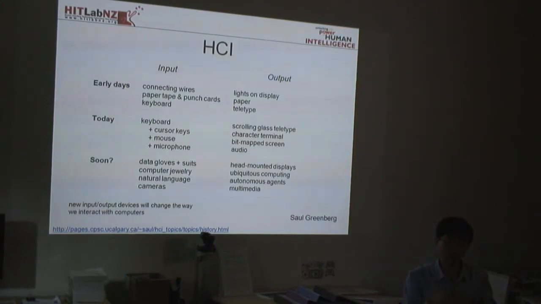And the other way around is how the computer will produce output, which gives feedback to the user about what the computer has processed or the results of the processing. So in the early days, again, it was connecting wires or tapes or punch cards and keyboards, and the output was some blinking lights or on the display, or eventually printing some characters or sentences on paper.